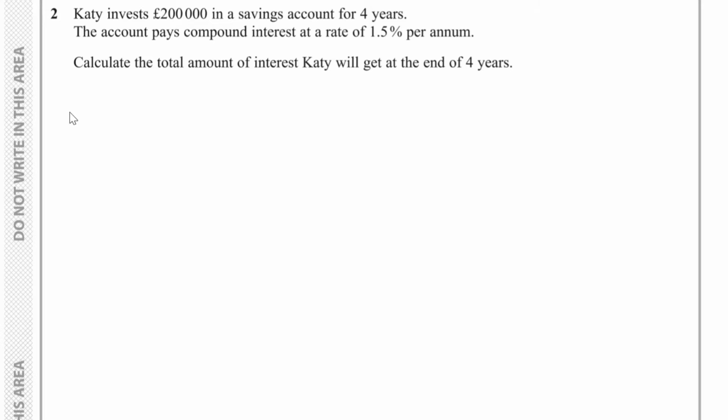So to work out the total amount, we would have to use the formula: original multiplied by our multiplier, which is 1 plus the percentage over 100, and we raise this to the power of t, which is our time frame, in this case 4 years.